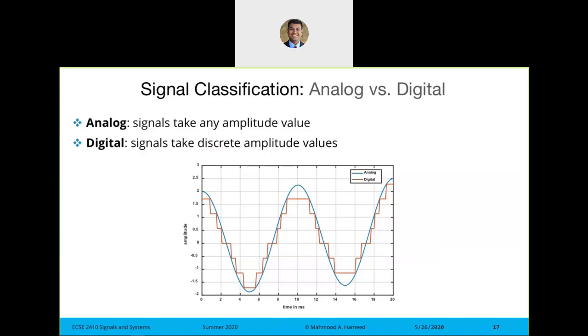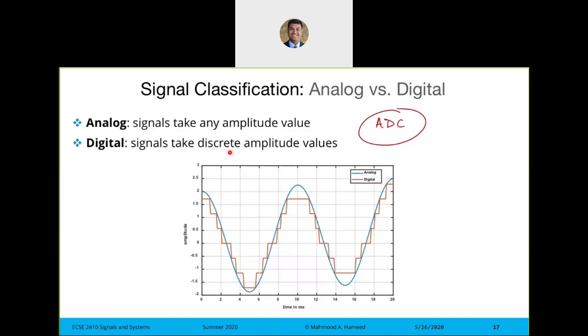I'm pretty sure several of you have heard of ADC, analog to digital converter. What does that do? It takes an analog signal like the one that is shown in blue over here, and looks at the dynamic range of the signal. So, okay, values are from 2.5 all the way down to -2. I'm going to take a look at that particular dynamic range of those values, and then I'm going to select how many levels I need.